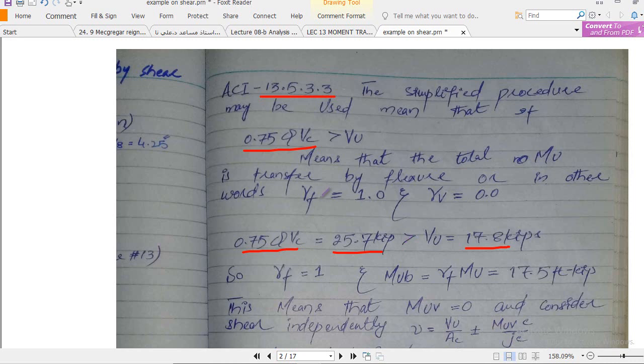Simplified procedure means that, as you already know, we determine the gamma f from the equation, that is 1 divided by 1 plus 2/3 times the square root of b1 divided by b2. So if this kind of condition prevails, the ACI code allows you to increase gamma f to 1 and consider gamma v equal to 0. This means that the whole moment transfer occurs due to flexure, not by eccentric shear.